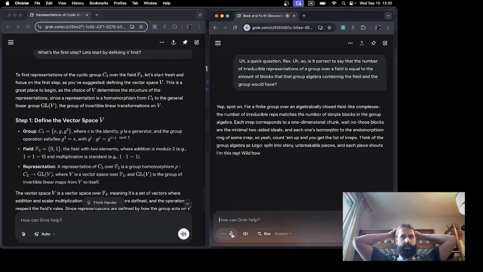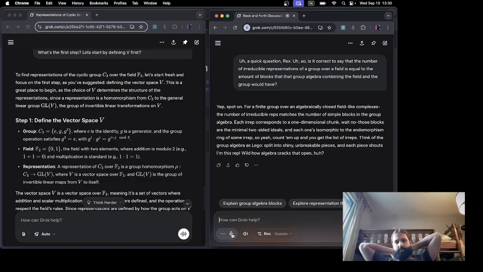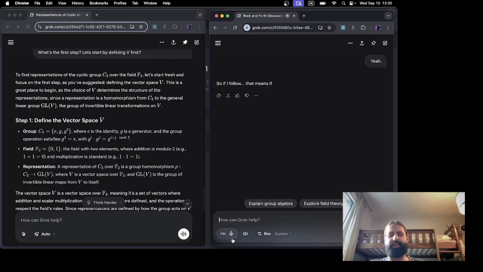Each irrep corresponds to a one-dimensional chunk. Wait, no, those blocks are the minimal two-sided ideals, and each one's isomorphic to the endomorphism ring of some irrep. So yeah, count them up, and you get the list of irreps. Think of the group algebra as Lego, split into shiny, unbreakable... Thanks. Okay, stop for now. I'll come back to you in a second.